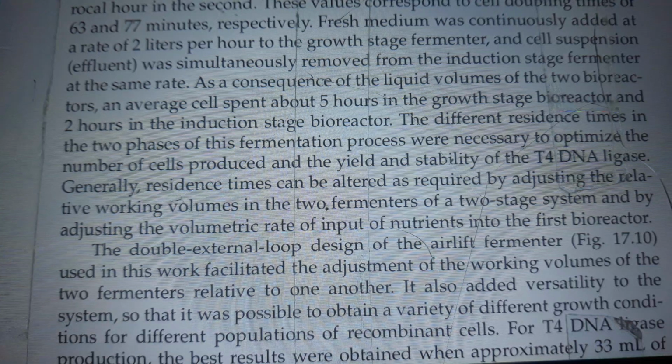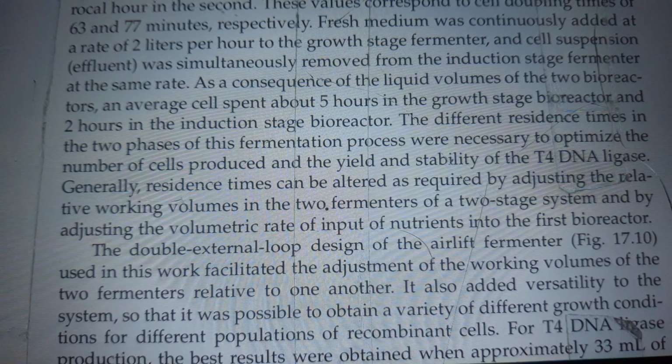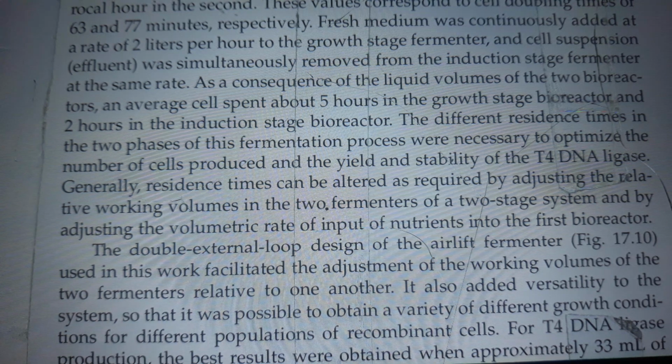The maximal specific growth rate, mu max, of the microbial culture was approximately 0.66 reciprocal hour in the first bioreactor and 0.54 reciprocal hour in the second. These values correspond to cell doubling times of 63 and 77 minutes, respectively.